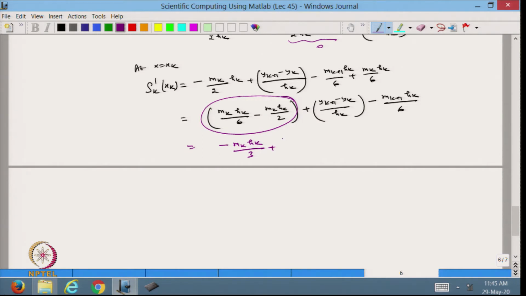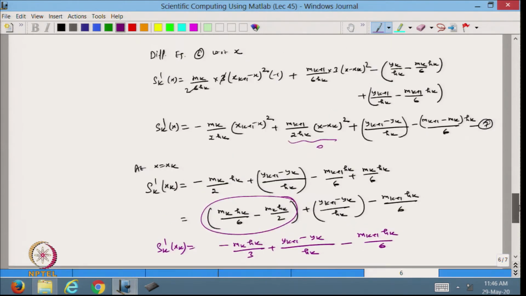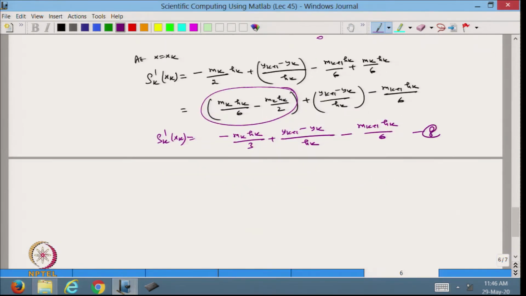Plus yk plus 1 minus yk by hk minus mk plus 1 hk by 6. So I will get sk dash xk. So this expression 7 is equal to 8.